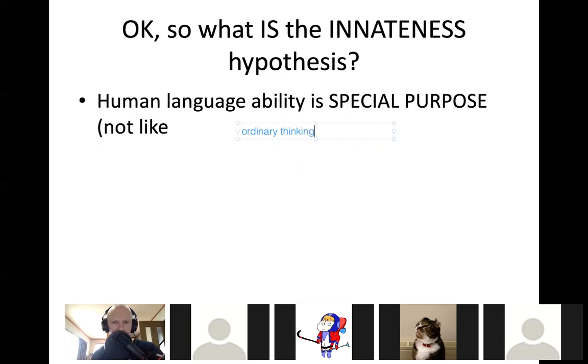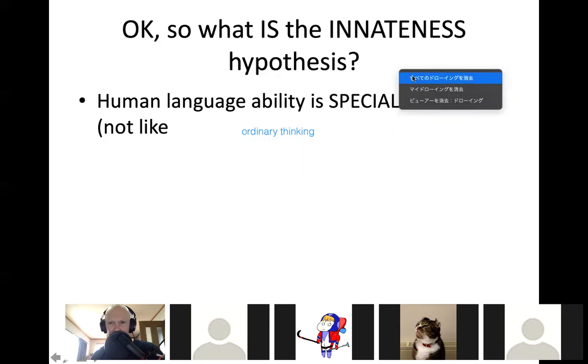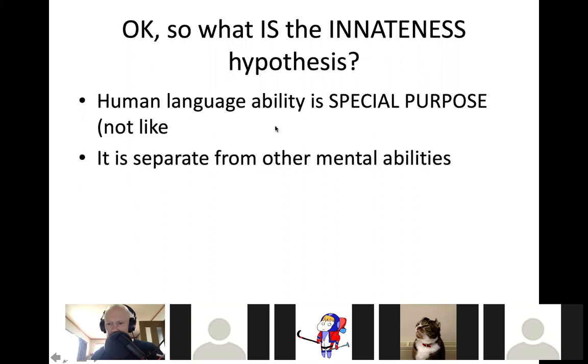Special purpose, not ordinary thinking. Ooh, and I've lost my thing. Okay, get my mouse back. Okay, good. Okay, let's get rid of that. Okay, sorry about that. For some reason I messed it up.